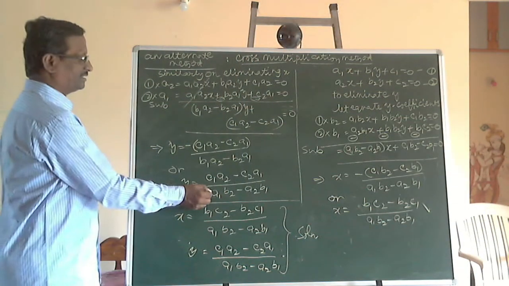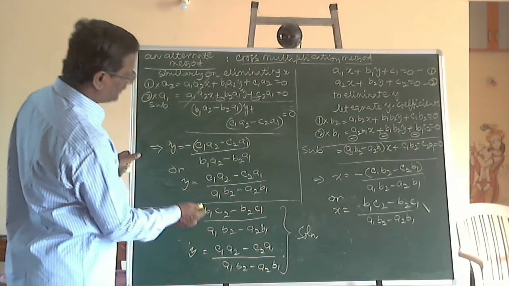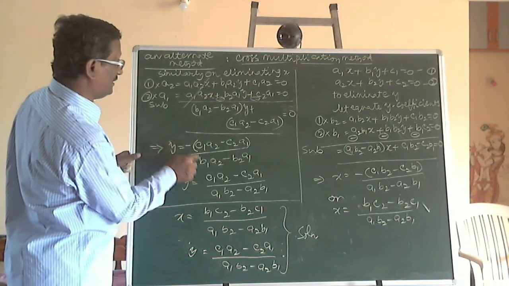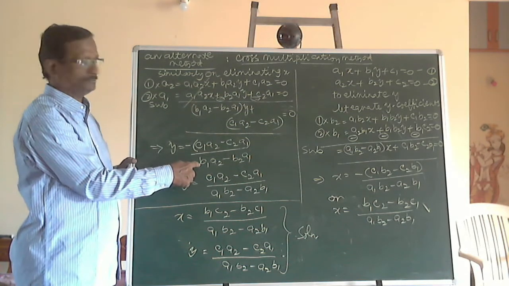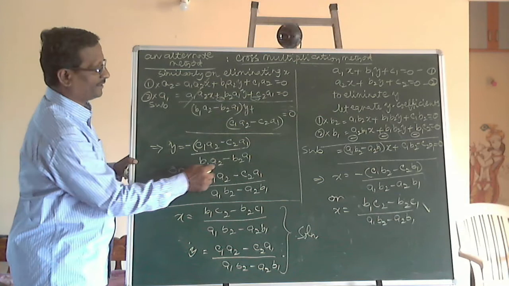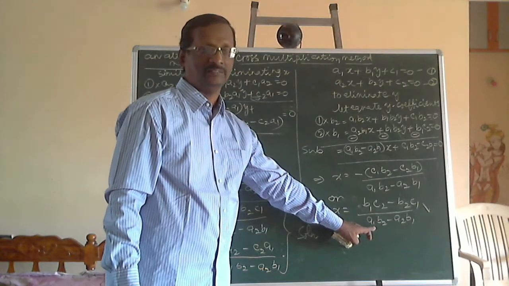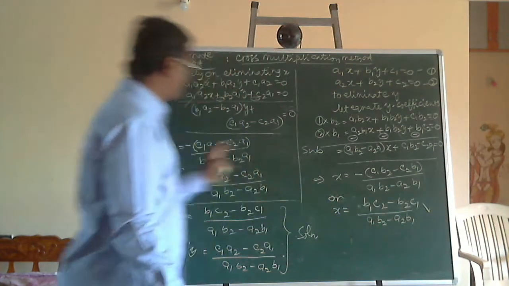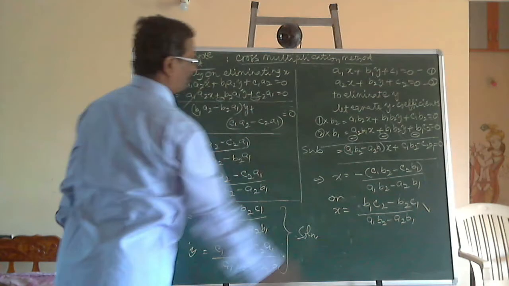To keep the same denominator, I have multiplied this minus sign into the denominator instead of the numerator. Here the denominator is b1 a2 minus b2 a1, and there the denominator is a1 b2 minus a2 b1. To make the two denominators equal, I have applied the minus sign to the denominator.